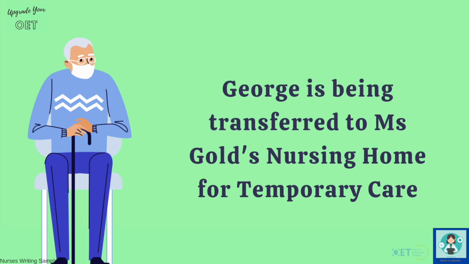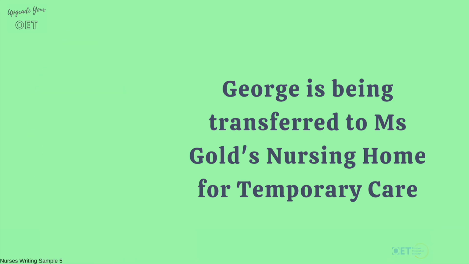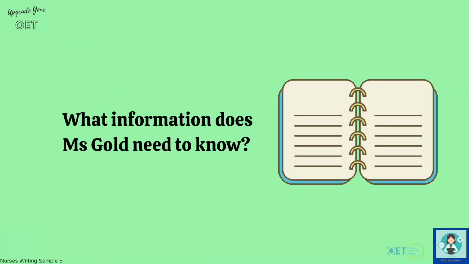Now, I want you to imagine that George is being transferred to Miss Gold's nursing home for temporary care, and you're going to be writing this letter of discharge for George in order to transfer him over to this nursing home. He's been at your hospital for a stay. So, what information does Miss Gold need to know in order to care for George?